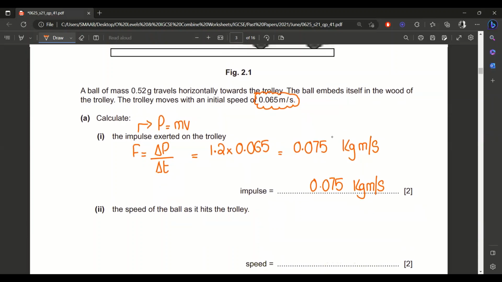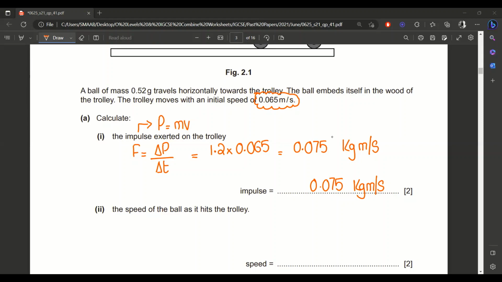Yes. And part two. So the speed of the ball as it hits the trolley.